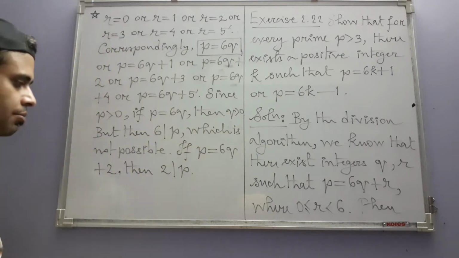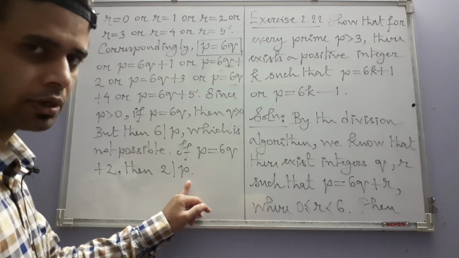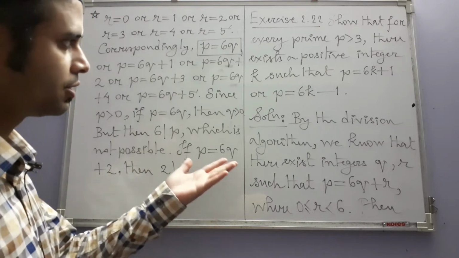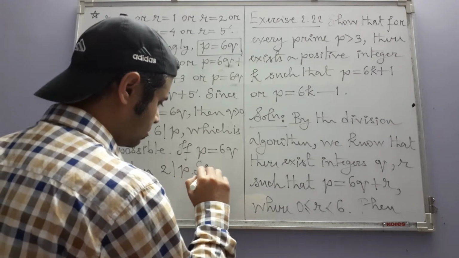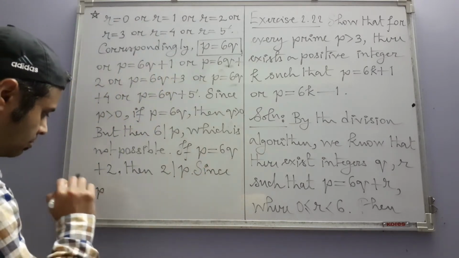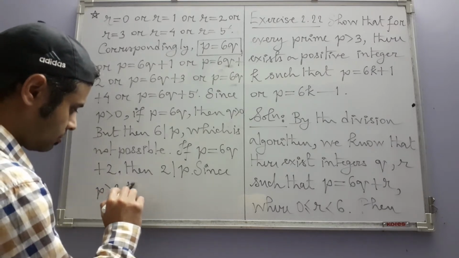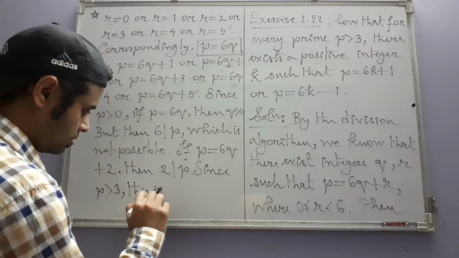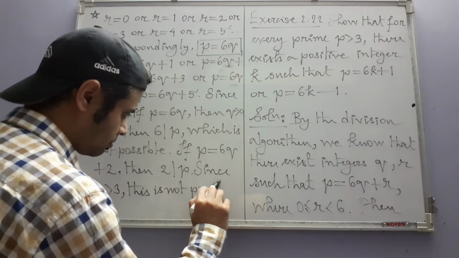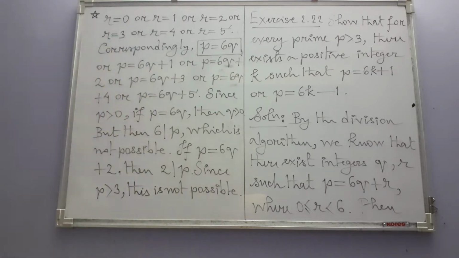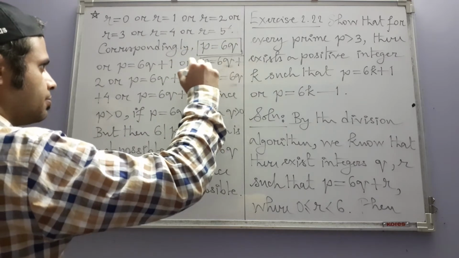So the only possibility where this was true was the case where p is equal to 2. That however now is not possible because p is given to be greater than 3. That means this is also ruled out.